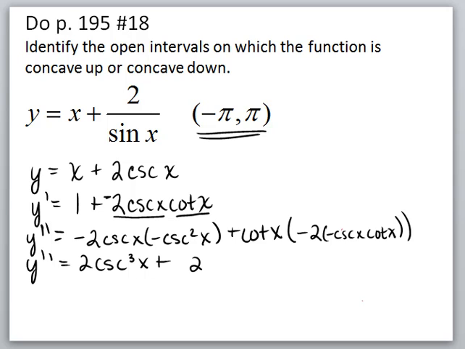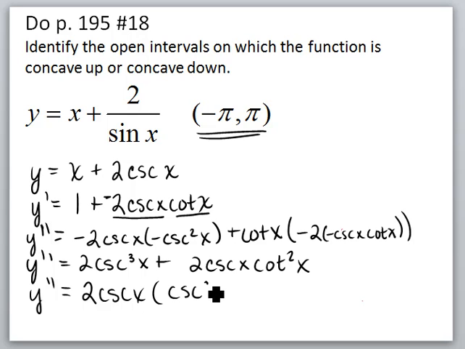I have a positive 2, and I have 1 cosecant x, and I have 2 cotangent x's. This will simplify further. What I can do is factor out a 2 cosecant x. That leaves me with cosecant squared x plus cotangent squared x.